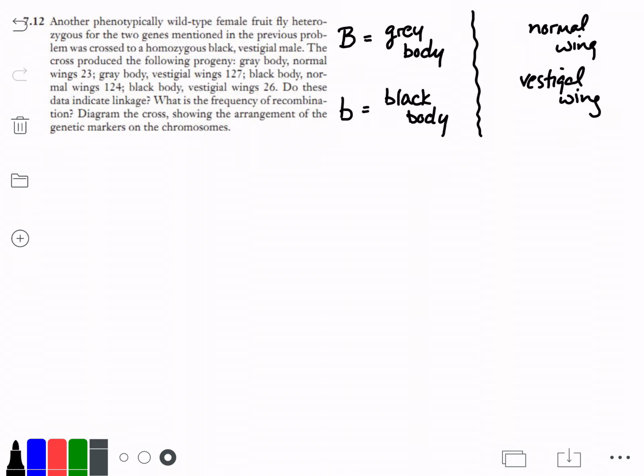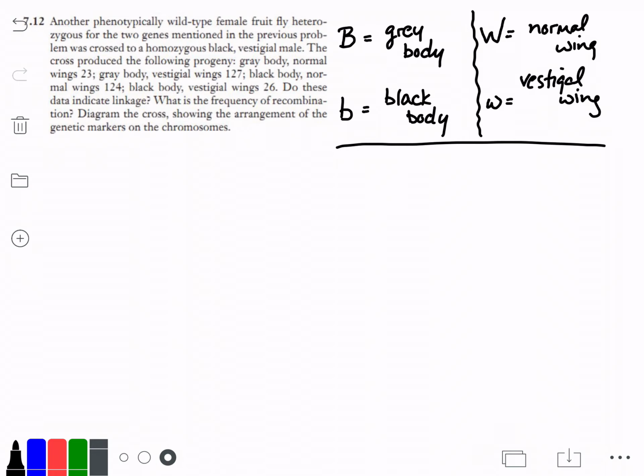And for the wing, we can use a small w for vestigial and a capital W for normal. I'm not using a V for vestigial here because in my handwriting I can't really tell the difference between a lowercase and an uppercase V, so I'll choose to use W. It doesn't matter what symbols you use as long as you tuck them off to the side so that you know what's going on.